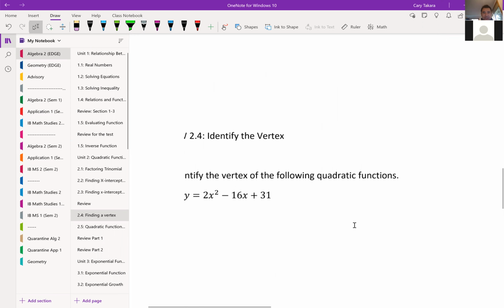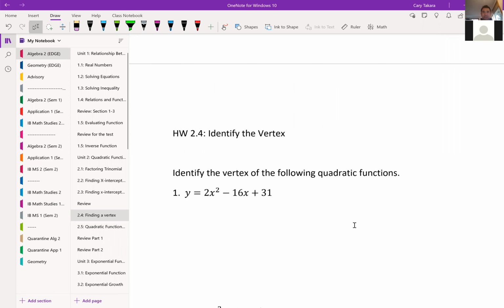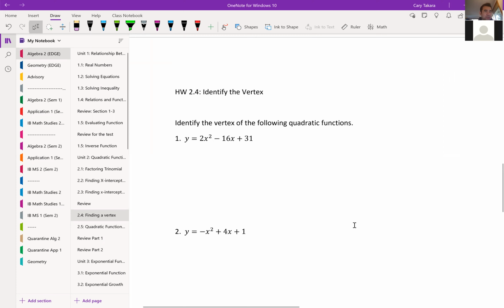This is homework 2.4, identifying the vertex, okay? You don't need to worry about x-intercepts and y-intercepts. All you need to find is the vertex, okay? So let's begin.